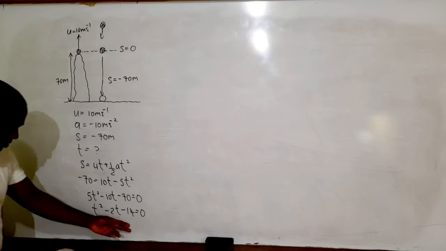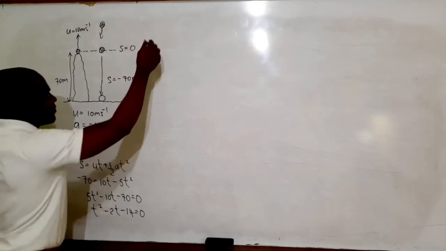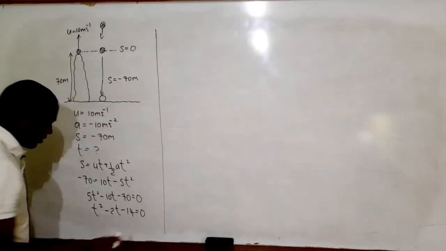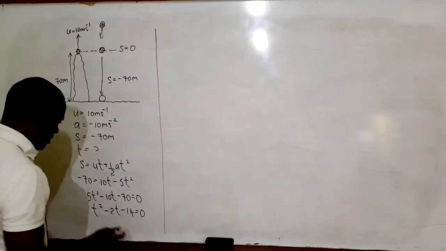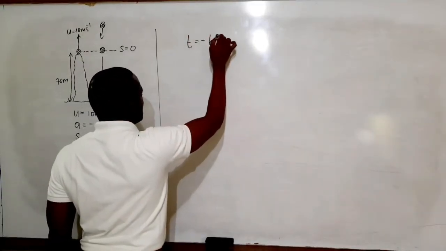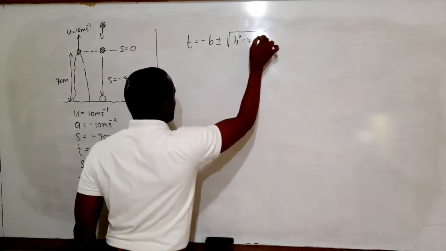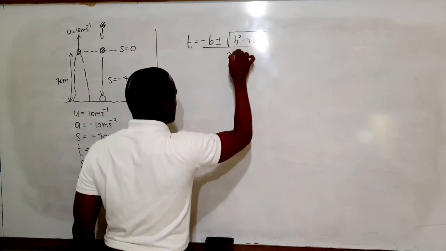So it is a quadratic which doesn't look like it could be factorized, so we'll have to resort to using the quadratic formula, right? So according to the quadratic formula, in this case we have t is equal to minus b plus or minus root b squared minus 4ac all over 2a.